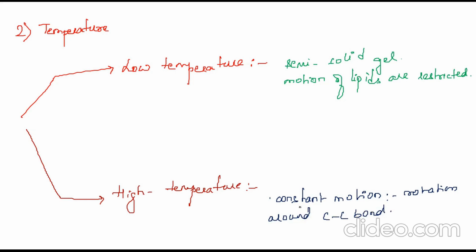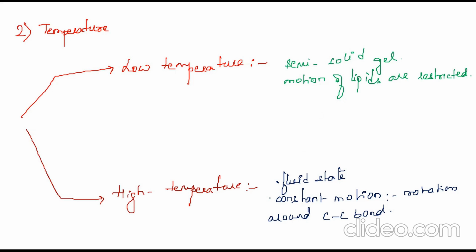The state at high temperature is a fluid state. So at high temperature the fluidity will increase, and at low temperature the fluidity will decrease and the shape will be semi-solid gel.